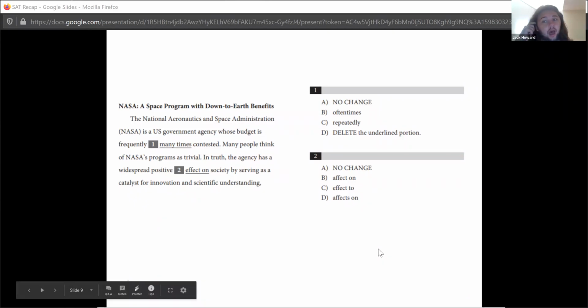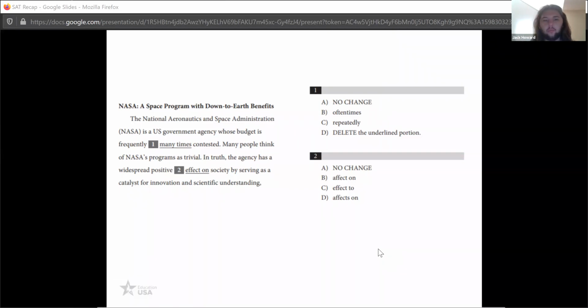These are called homophones. Homophones are words that sound the same but mean different things. Affect and effect are often pronounced alike, so you can't always tell the difference when people pronounce them. These two words are difficult because they mean very similar things. Affect is a verb and effect is a noun.